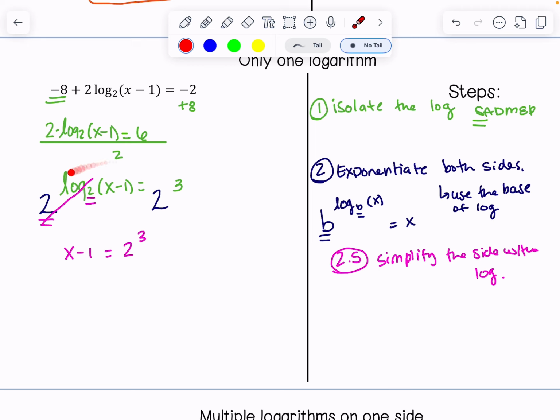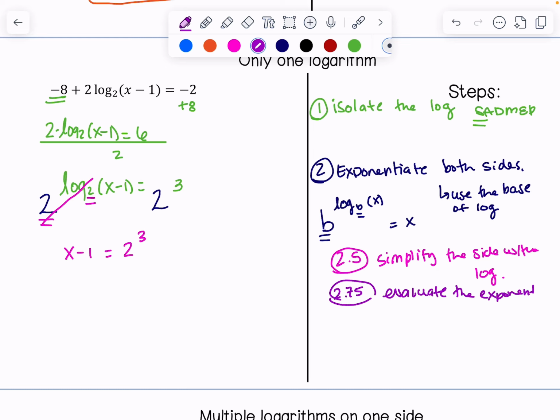So this entire side simplifies over to x minus 1. Also underneath, let's make it 2.75, we need to actually evaluate the exponent. So here I have 2 cubed. I need to actually evaluate that. So if x minus 1 equals 8, we're super close to being done.